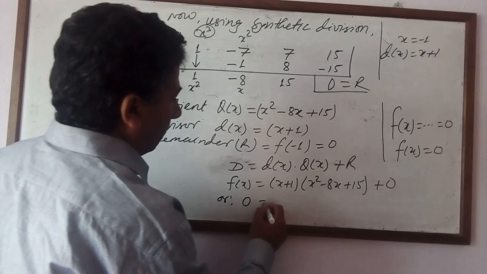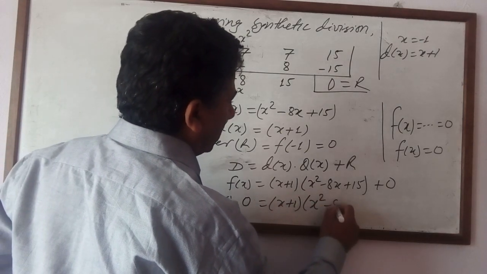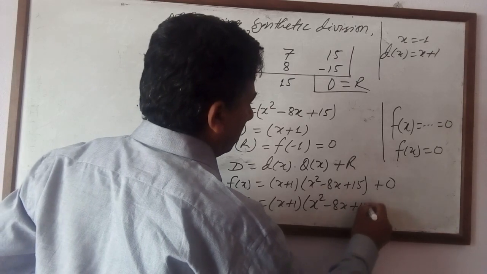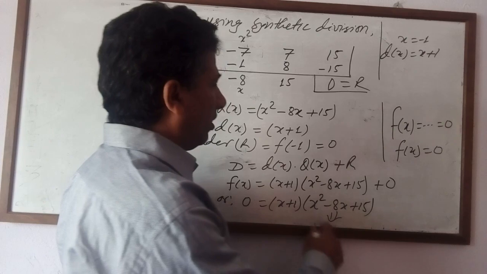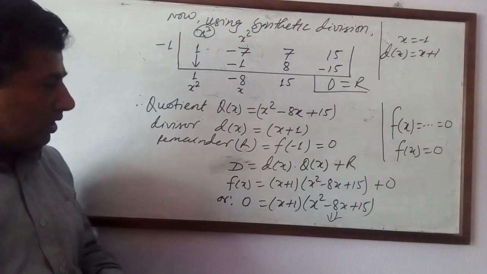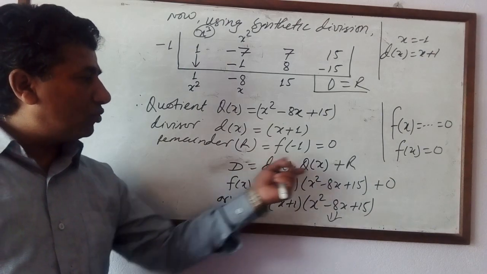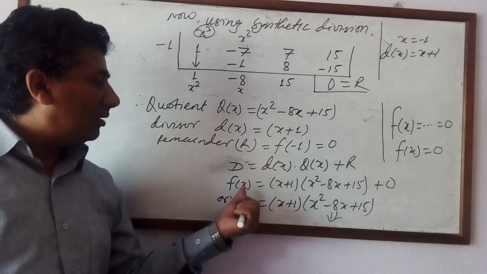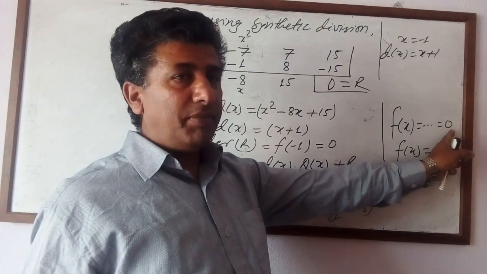Now this one: x plus 1, and x square minus 8x plus 15. Now find the middle term factor of this one. Now I'll drop the upper one. Now this is the method. Use this one, it is not necessary to write directly, you can write from here also. f(x) means image, the value of f(x) is 0. This image.